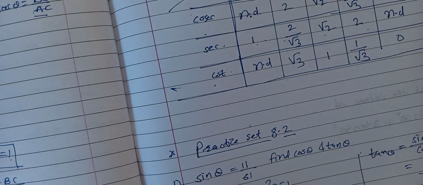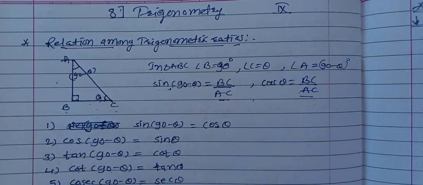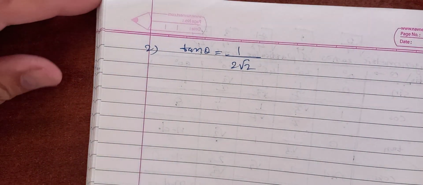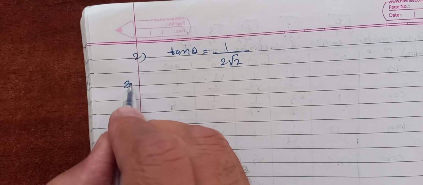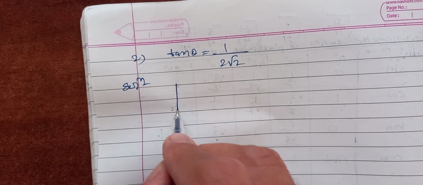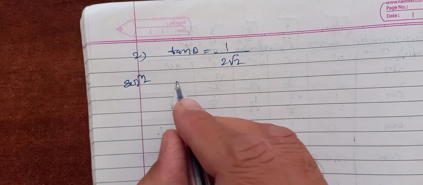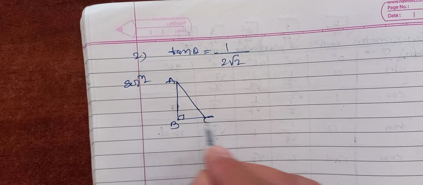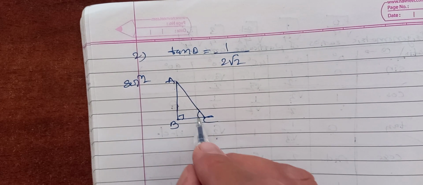So another example we'll see. This is a different one. So using the second method, we'll see this example. Okay, so easily you will understand this. Solution: again, we'll prepare one right angle triangle. See this one: A, B, and this is C. Okay, this is theta.